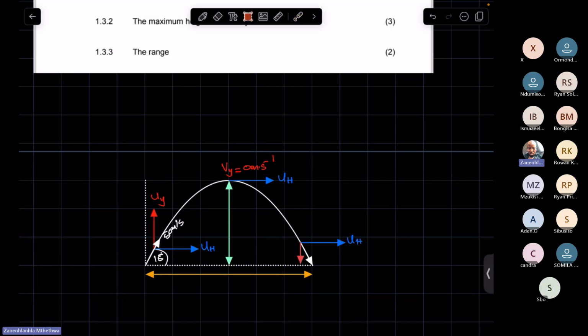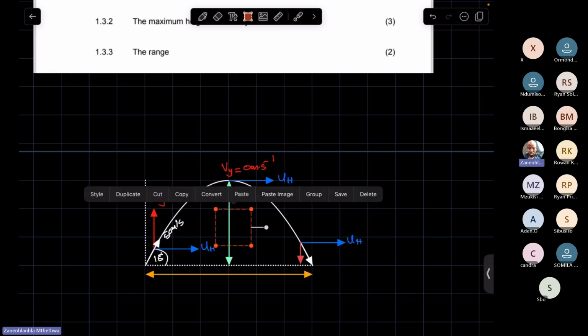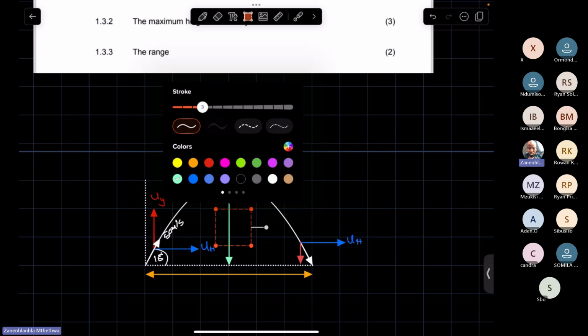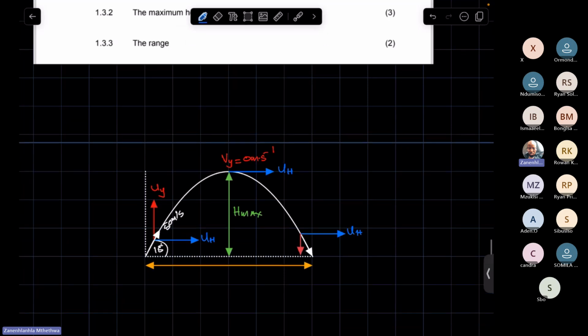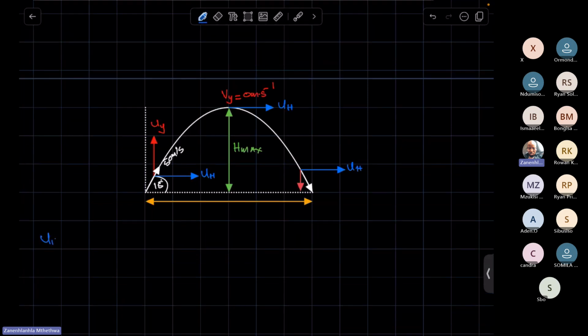And this here is the maximum height. This is H max. So this is the maximum height that the ball will reach. This is what we're looking at. You have UH, the horizontal component.